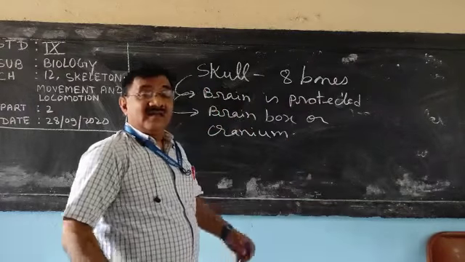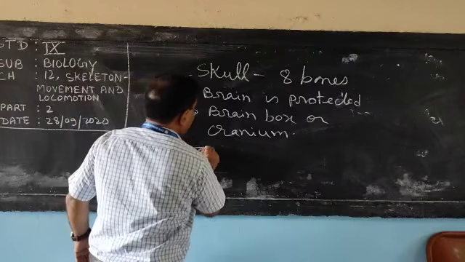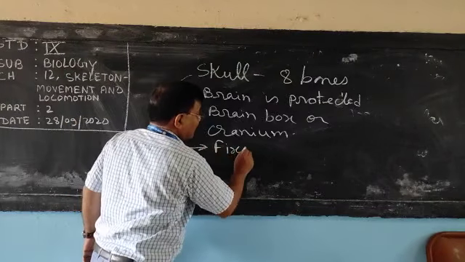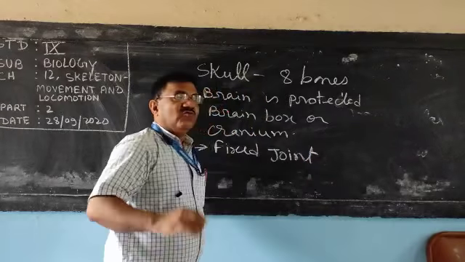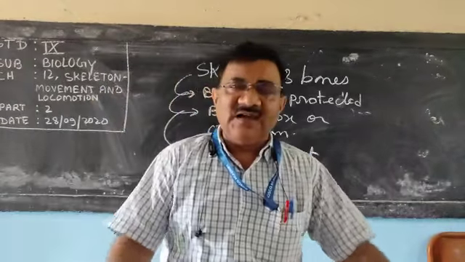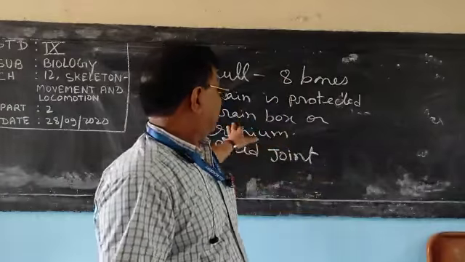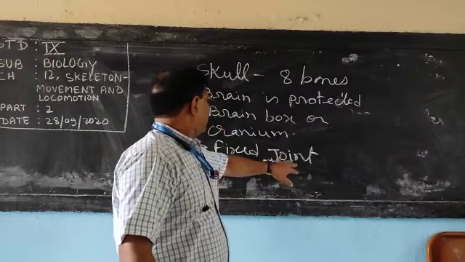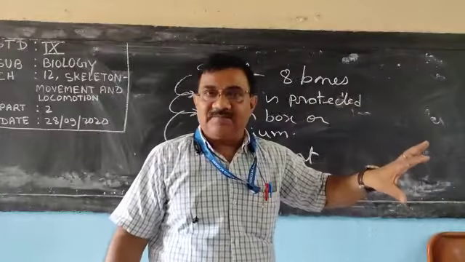These 8 bones are joined by fixed joints. We can't move the bones of the skull. So there are 8 bones in the skull joined by fixed joints, and the function is to protect the brain.